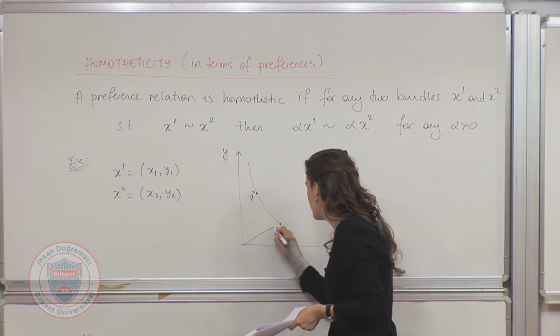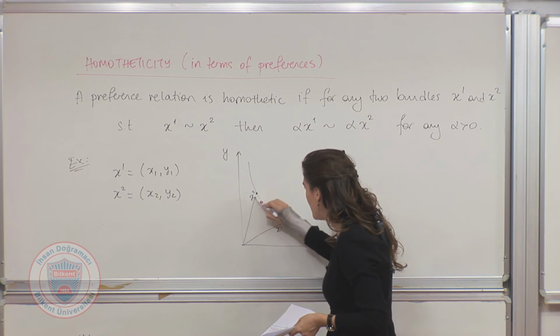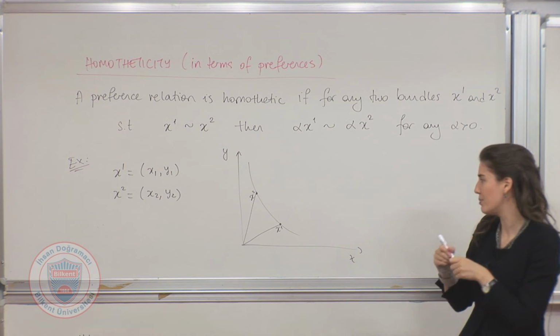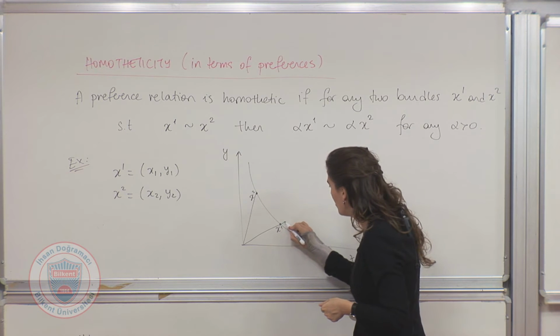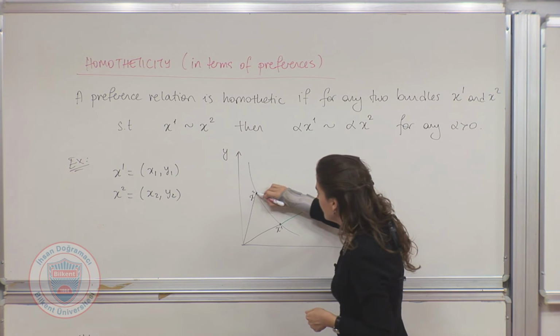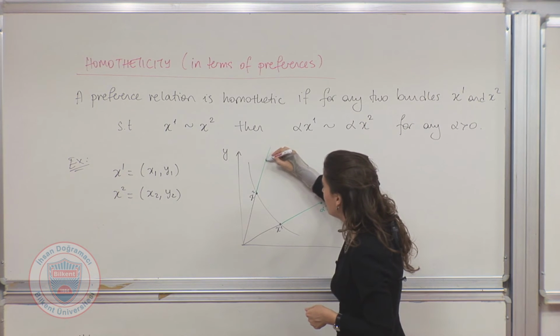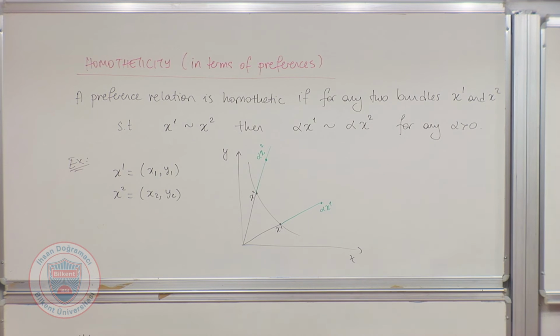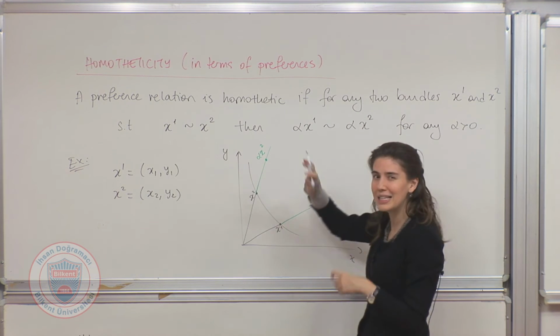Homotheticity means that alpha x1 and alpha x2 are on the same indifference curve, right?